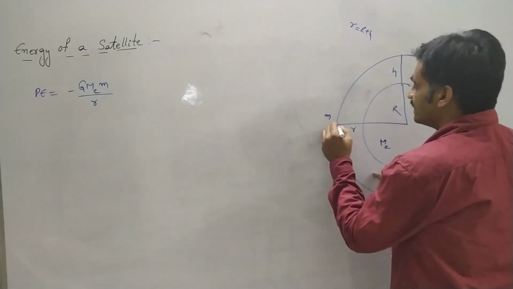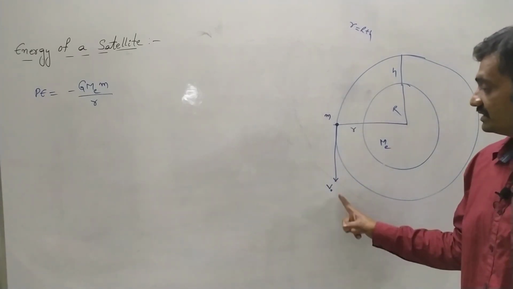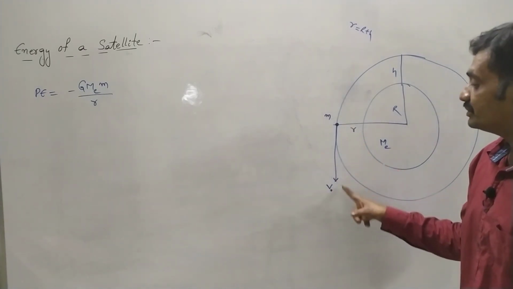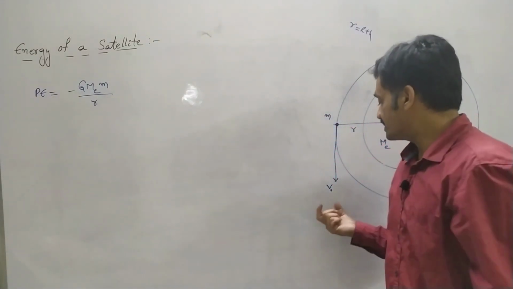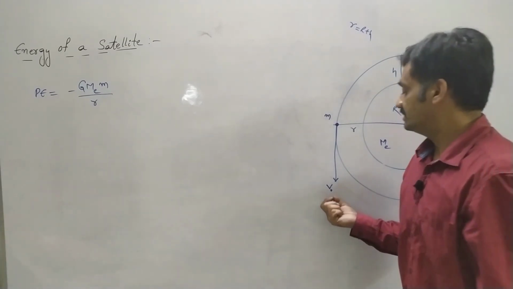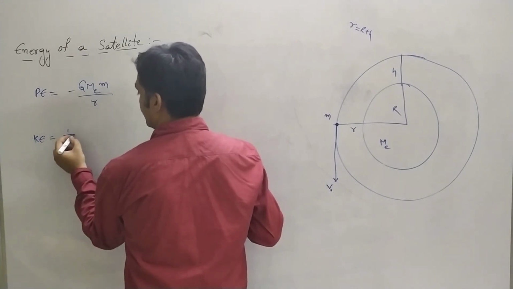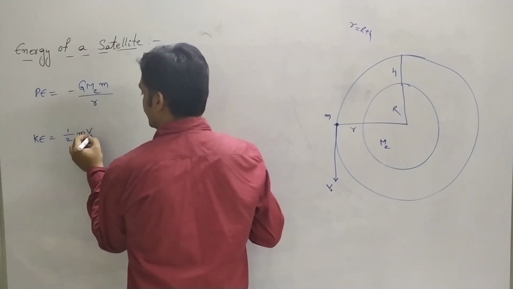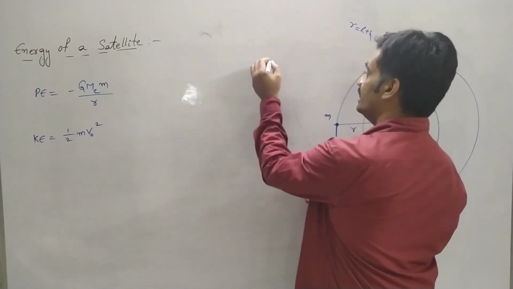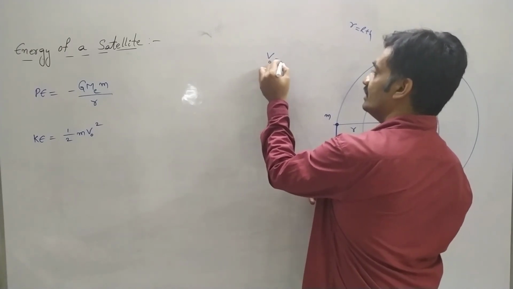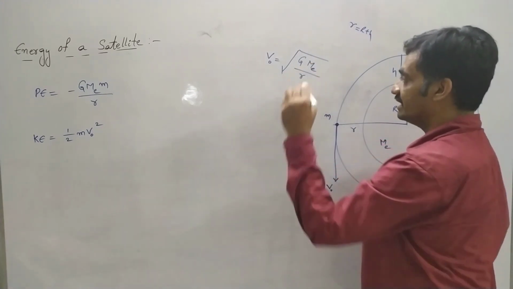Now, since the satellite is moving with the velocity v0, this satellite possesses kinetic energy, because it is moving around the planet with constant speed. The kinetic energy of the satellite is given as half m v0 square. But we know that v0 is equal to the square root of G M_e by r.